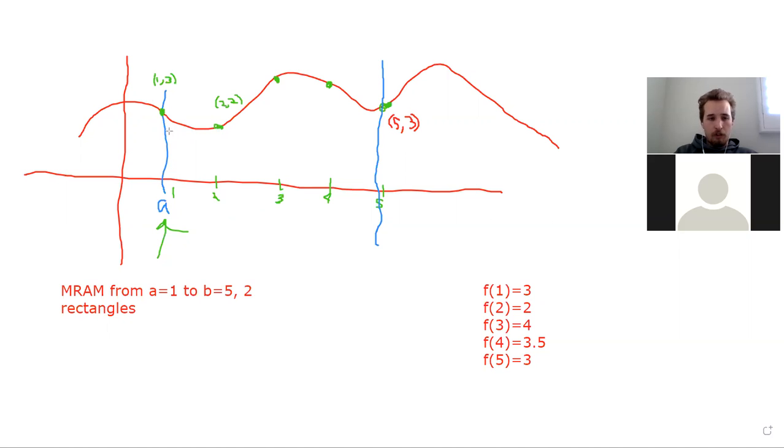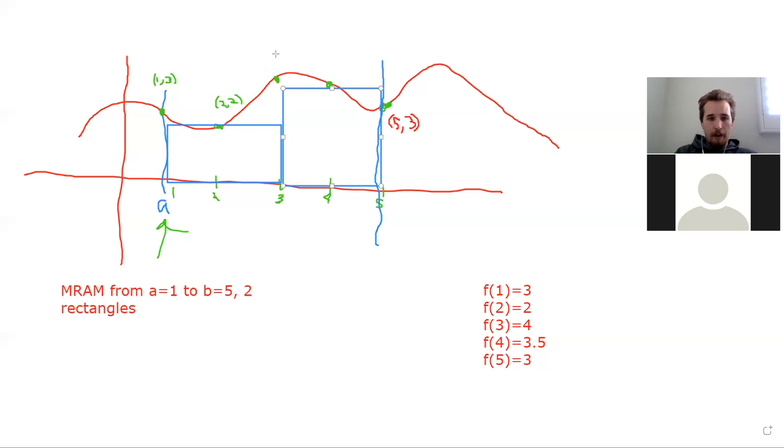Yep, it would be 2. So we need a rectangle that goes through 2. You see how it goes through this midpoint? And what's the midpoint of the rectangle that goes from 3 to 5? So what is f of 4? 3.5, right? My drawing skills aren't great, but it kind of goes through that midpoint.